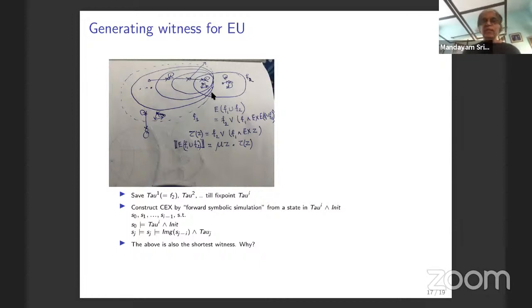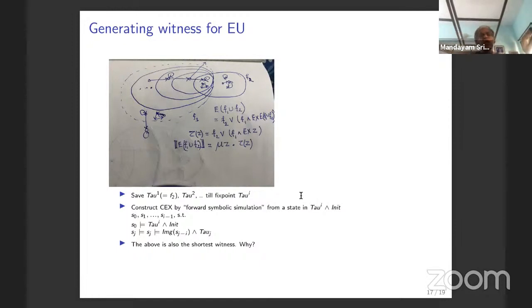Conceptually, you have tau i minus 1 all the way down to tau 1, and tau 0, of course, is false, because it's the least fixed point that you're computing. So you have enough information to extract the witness, and the extraction proceeds as follows. You really have to do a forward symbolic simulation from a state in tau i, if you want to show a witness for the arbitrary formula E F1 until F2.